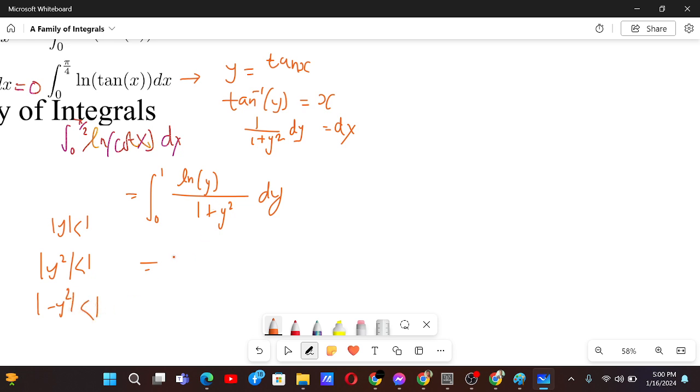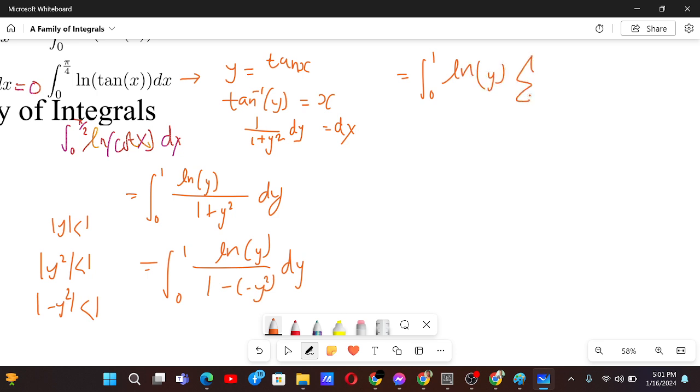So over here, it's something like the integral from 0 to 1 of ln y by 1 minus (minus y square). This is a geometric ratio, which is why we can write this as the integral from 0 to 1 of ln y times the sum over r from 0 to infinity of (minus y square) to the power r, dy.